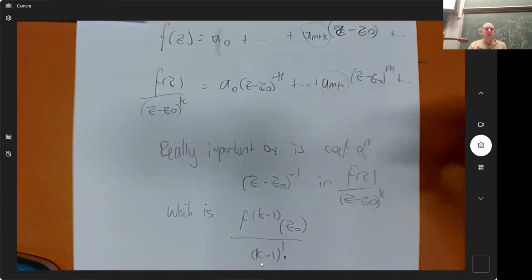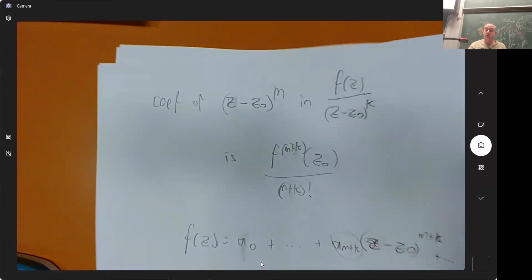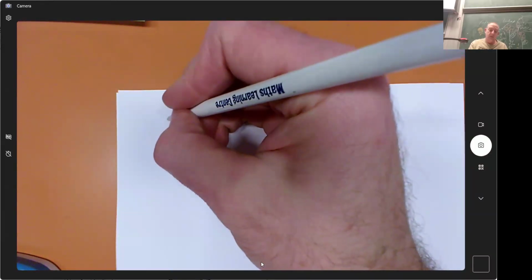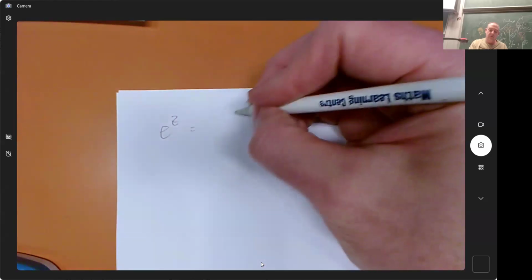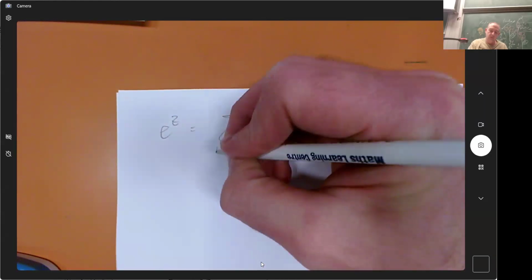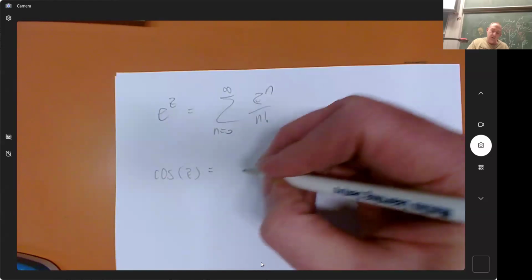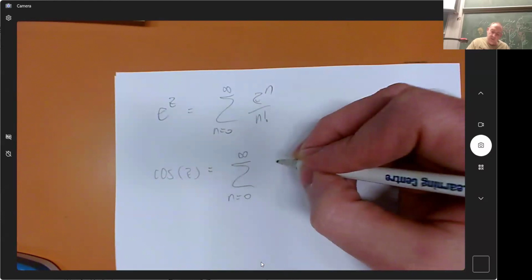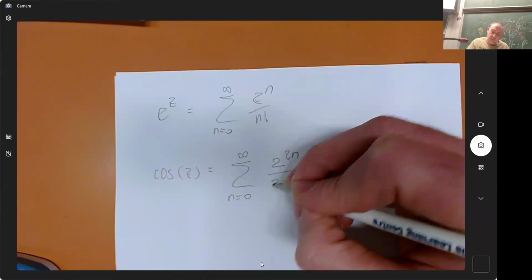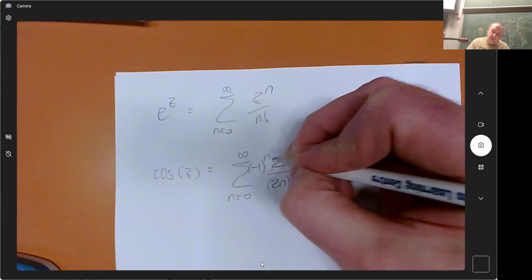So most people just use the Taylor series as the series that they know to figure this out. And there are four classic Taylor series that most lecturers expect you to know, which are e to the z, which is that, and cos of z, which is the even ones for this, and they alternate between plus and minus.